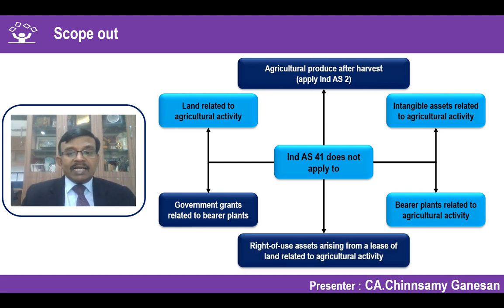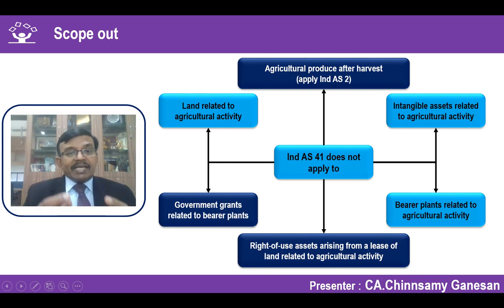Similarly, I have taken a land on a lease and that lease is a right of use of the land for a longer period as a lessee. That is also not covered. And of course, since the right of use asset is coming as a separate one under Ind AS 116, we should also check what other examples we can give.